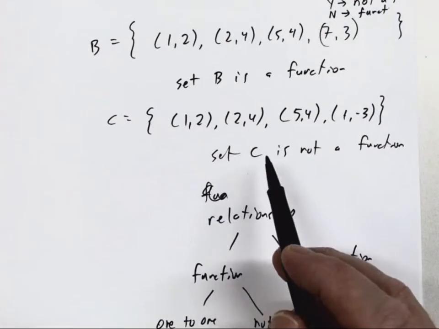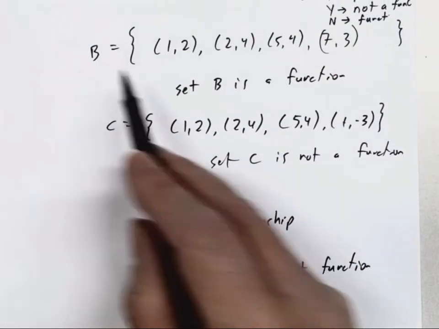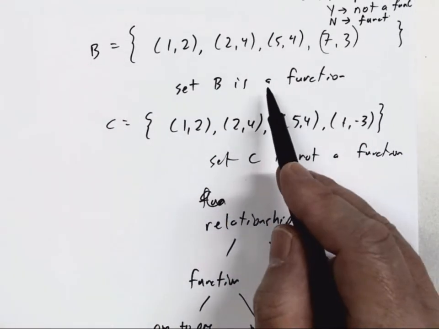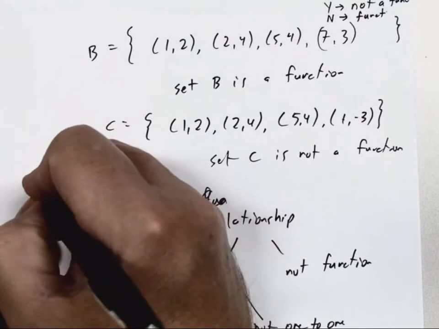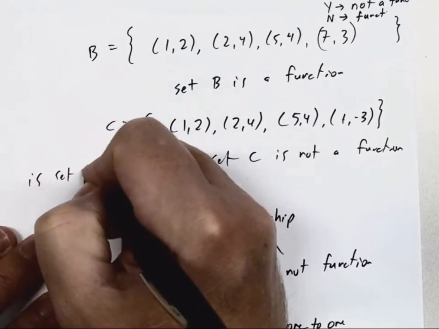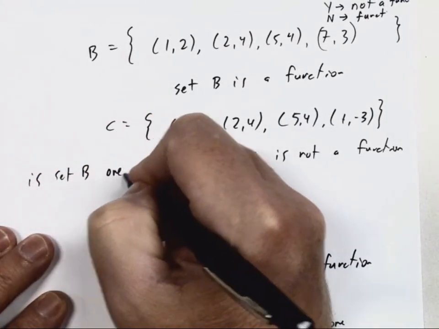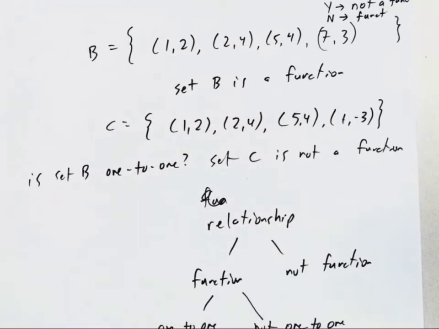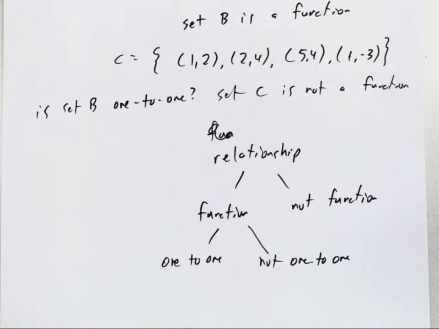So for instance, up here, we determined set B is a function, set C is not a function. Looking at set B, is set B a one-to-one function? How do we check for that?